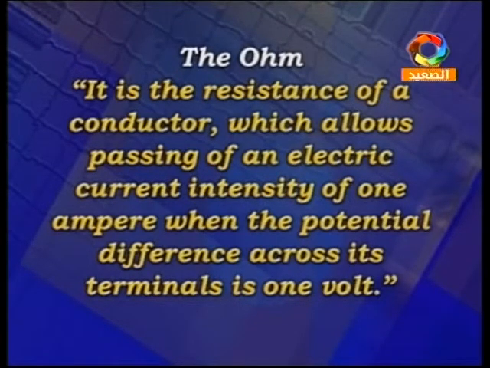It is the resistance of the conductor which allows the passing of an electric current intensity of 1 ampere when the potential difference across its terminals, or two points in the conductor, is 1 volt.